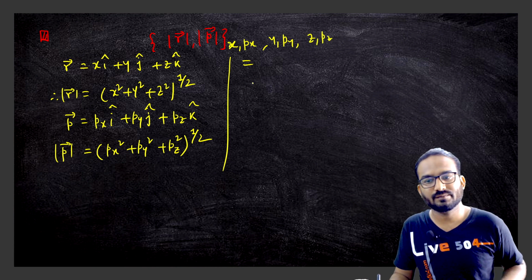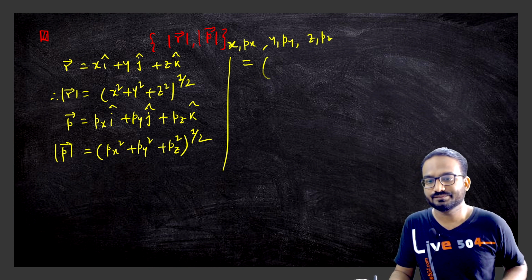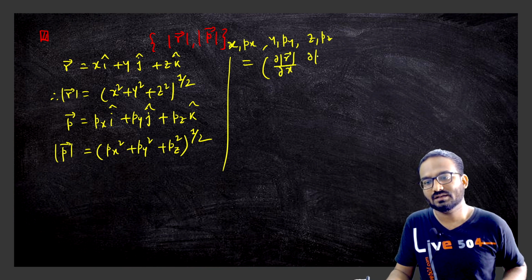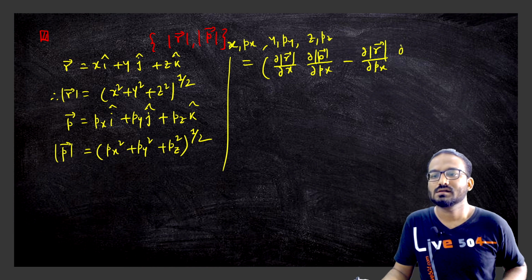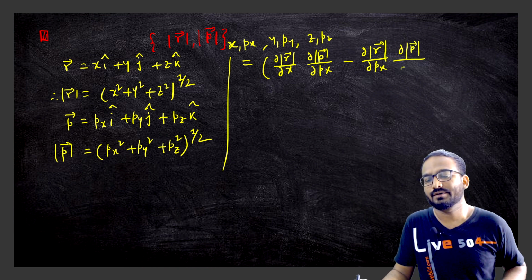So how many terms will come? Three terms. Del r upon del x, del p upon del px, minus del r upon del px, del p upon del x.